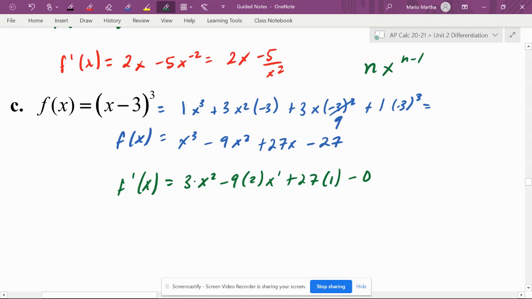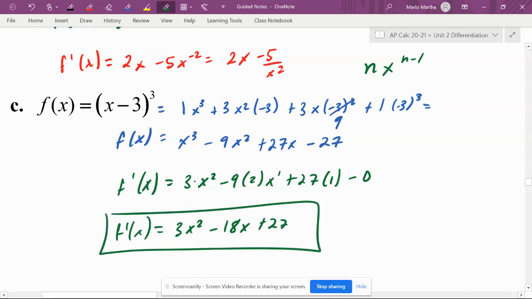Just keep that in mind, all right? Derivative of a constant is always 0. So we simplify again, and you're going to get 3x squared minus 18x plus 27. And that's going to be our f prime of x.